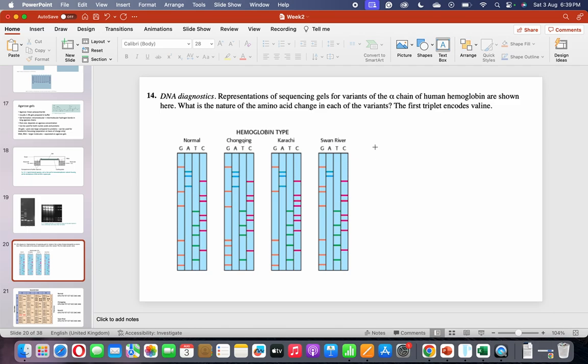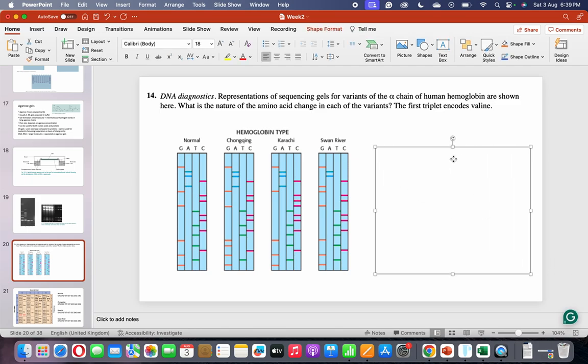So let's just try reading this DNA sequence and see what happens. We'll start with this normal gel, this first gel.